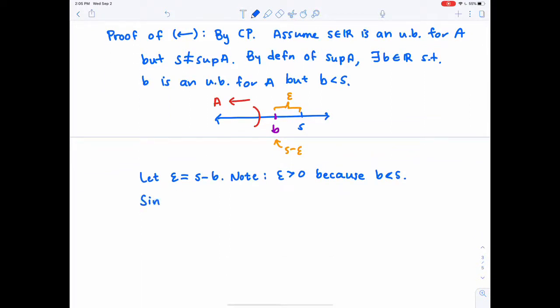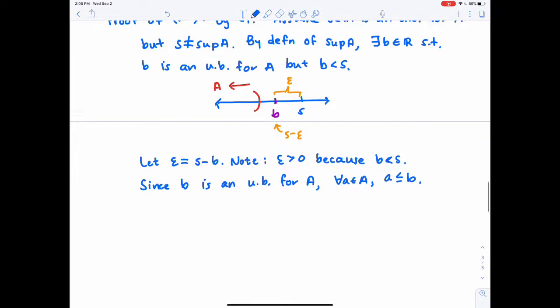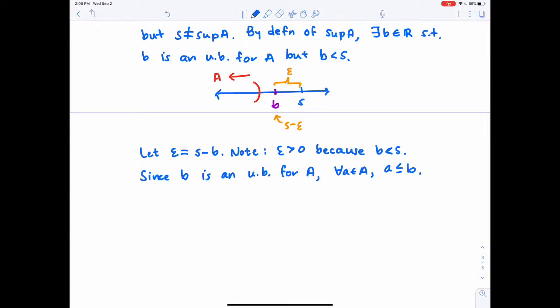Since B is an upper bound for A, we must get that for all a in A, a is less than or equal to B. That's the definition of an upper bound. But in particular, we're trying to say that S minus epsilon is greater than or equal to a.